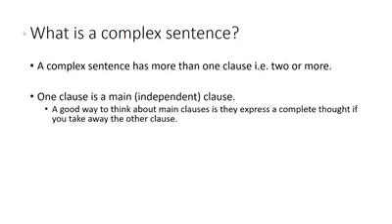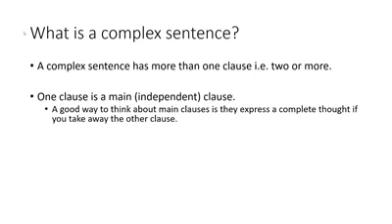So one clause is a main or an independent clause. As mentioned already, one of the most confusing things about this area is just the terminology, just what they call things. If it's just one clause, it is going to be called the main clause or independent clause.